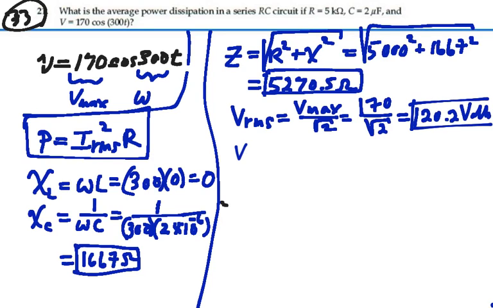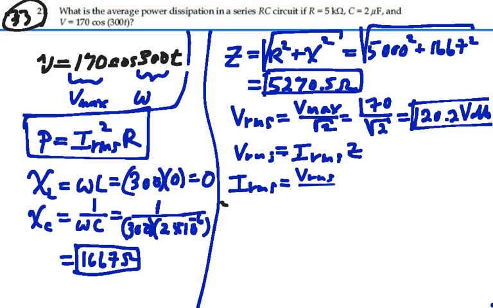Our RMS voltage is equal to our RMS current times the impedance. So the root mean square current is equal to the root mean square voltage divided by the impedance.